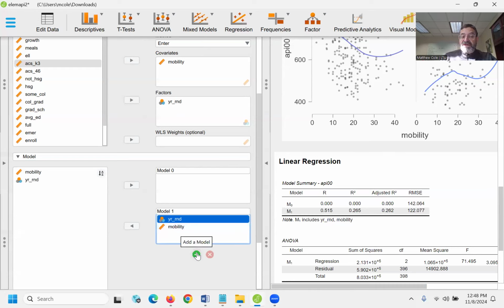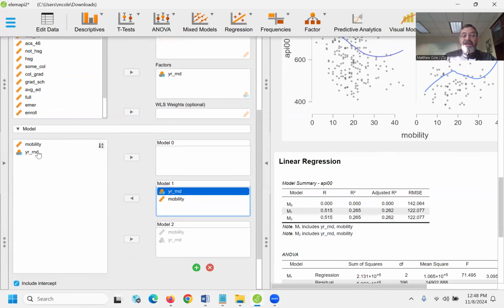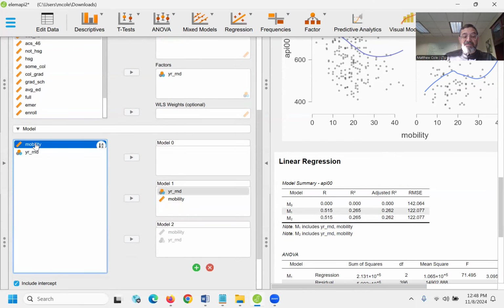So one of the ways that we can do it is we can add another model. In this model, we're going to click mobility, hold the shift button down, click year round. So both of these are selected, and then bring them into the model. That's how you create the interaction term, mobility times year round, right?